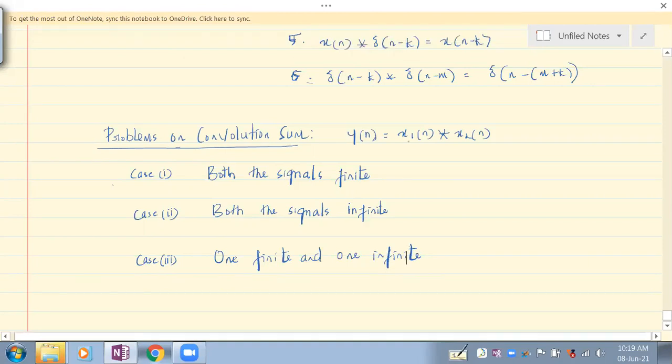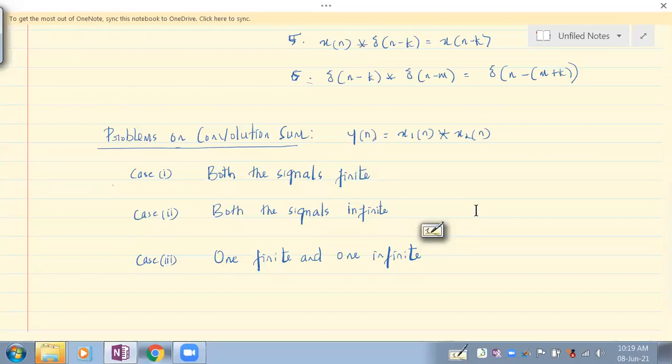In convolution sum, we'll be obtaining the convolution of 2 signals. Here both these signals could be finite, or both the signals could be infinite. In the third case, one signal could be finite and the other infinite.